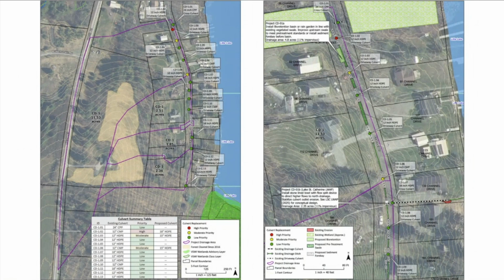And those, if you do end up studying this on your own time, indicate how properly sized or undersized the culverts are based on the contributing area upslope. So anything that's red is an undersized culvert, yellow is borderline, and green is okay.